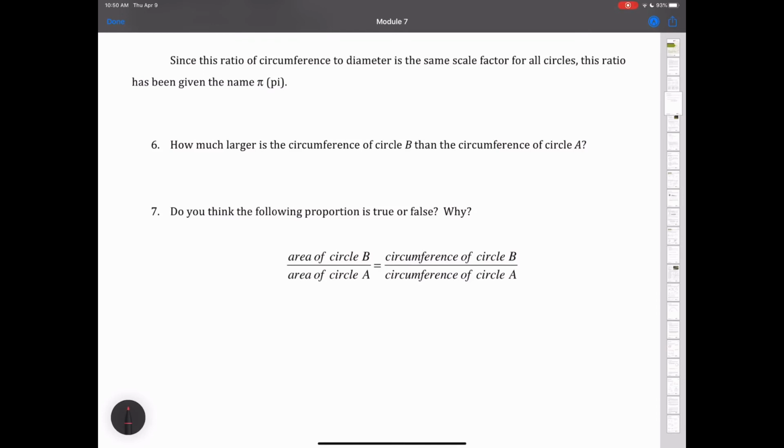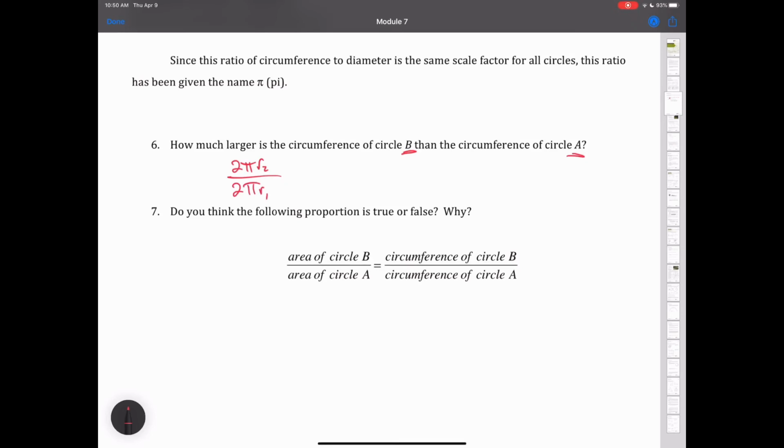So what we're going to look at is number 6: how much larger is the circumference of circle B than the circumference of circle A? We just have variables right now, so we're going to plug them in. We know the circumference of both, and then we're going to simplify. The circumference of circle B is 2 pi R2, and the circumference of circle A is 2 pi R1.